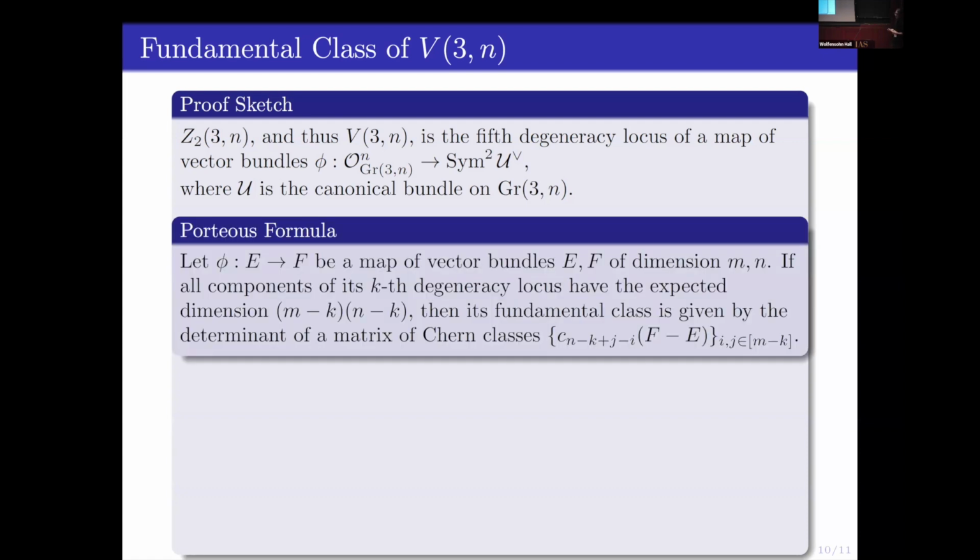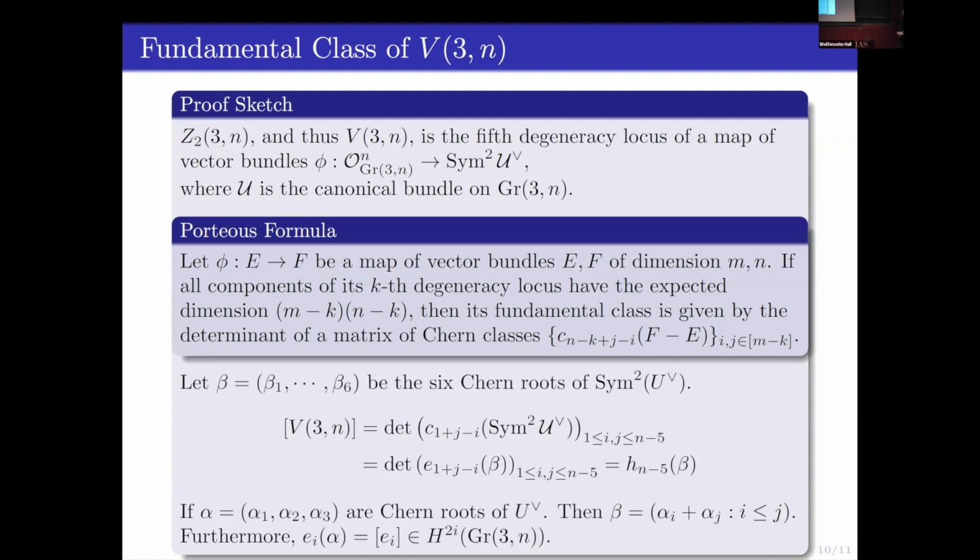Then Porteous formula can tell us that its fundamental class will be written as a determinant in the Chern classes of a vector bundle. Then we write the Chern classes as elementary symmetric functions in the Chern roots, and then use the combinatorics of the theory of symmetric functions and get our recursive formula.